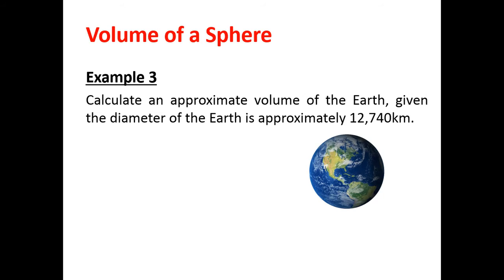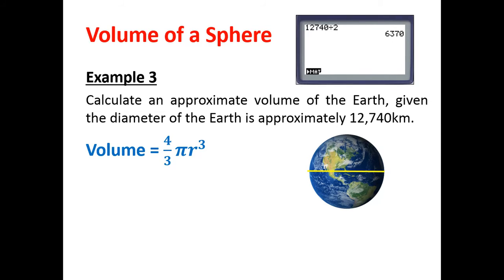Right, example 3. Calculate an approximate volume of the Earth, given the diameter of the Earth is about 12,740 kilometers. So here we go again. Volume is equal to 4/3 times pi times radius cubed. We've been given the diameter of the Earth, which is right across the Earth in a straight line. We need the radius in the formula.